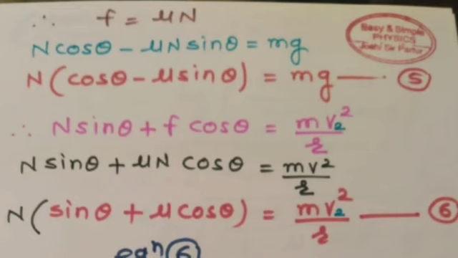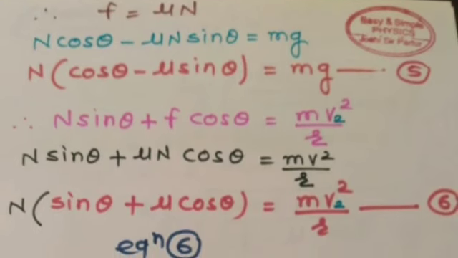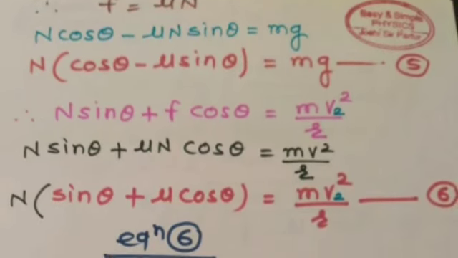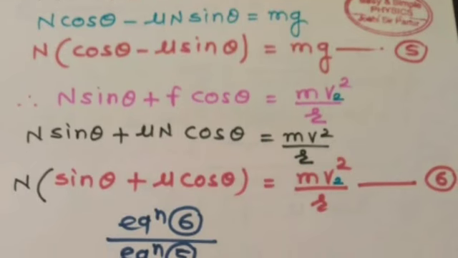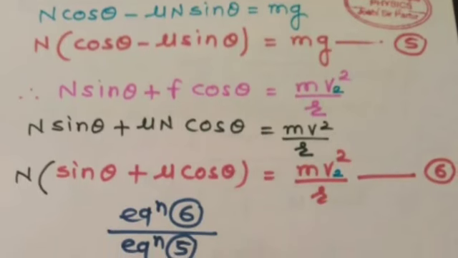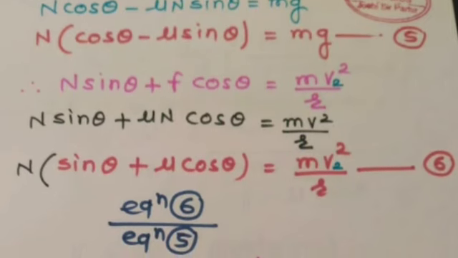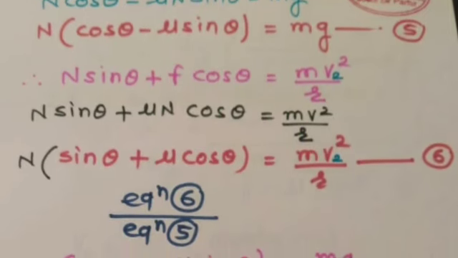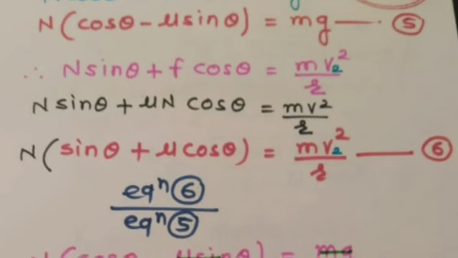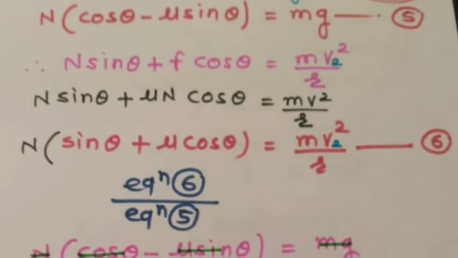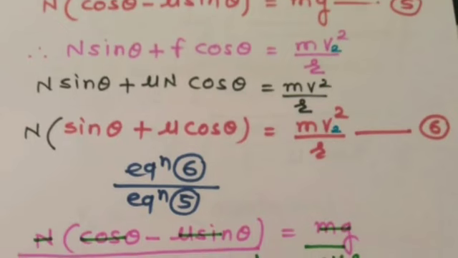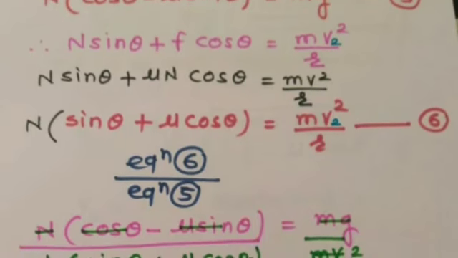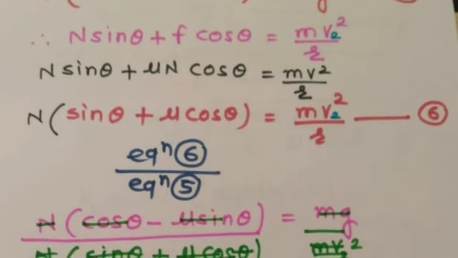So F is equal to mu N. If this value is put in, N cos theta minus mu N sin theta equal to mg. Take N common, so N (cos theta minus mu sin theta) is equal to mg. Therefore N sin theta plus F cos theta is equal to mv2 square upon r.